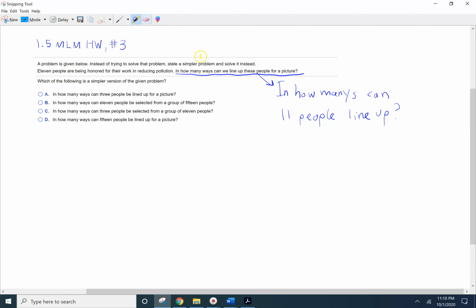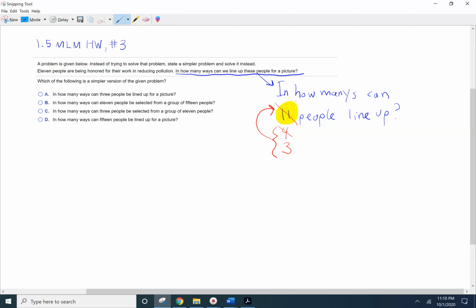A simpler version would mean instead of 11 people, maybe only use 4 people, or even better yet, 3 people, right? That'd be way simpler to line up 3 people for a picture or 4 people for a picture. And then the idea is that from the patterns we see solving those simpler problems, we'd be able to come back up to the original one and solve it.